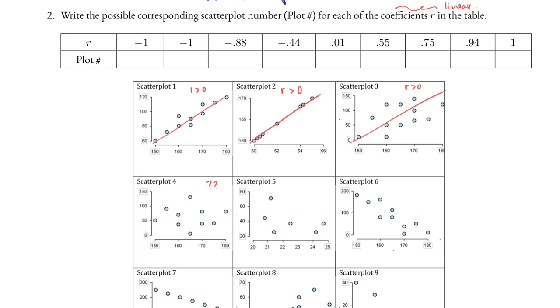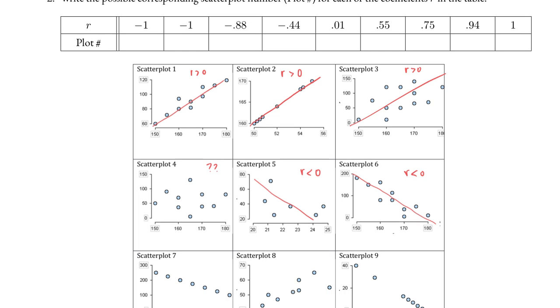For the scatter plot 5, as we move to the right, the points generally fall, and so we would have to draw the line that is downward this time. The correlation coefficient has to be negative. For scatter plot 6, if we were to draw the line, it would go downward. The correlation coefficient is therefore negative.